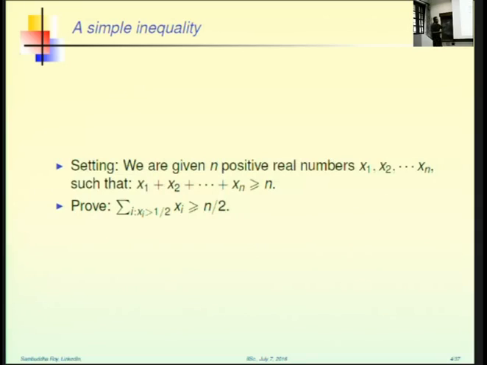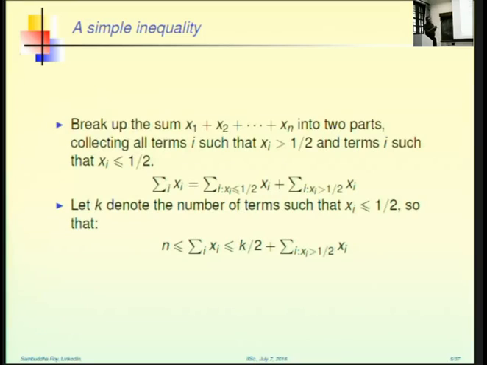What I wanted to pinpoint is that this is the way you can read such a statement. Don't bother about the proof at all, but let's go through the proof. So the proof, as you can guess, doesn't do much. You are talking about i for which xi is greater than half or less than half. And by the way, these problems all came from some paper or the other in approximation algorithms.